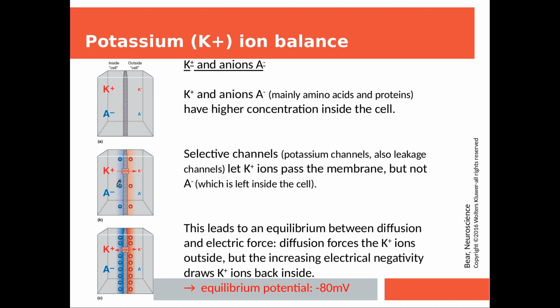Because these negatively charged ions, the A minuses, are usually big proteins, or because of their shape, they can't pass through the channels that potassium can pass through.